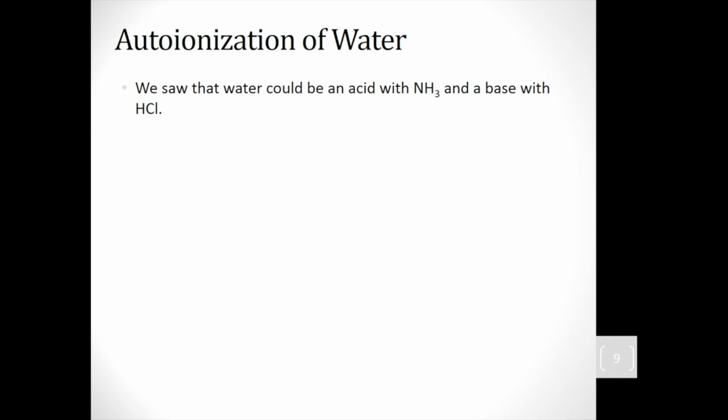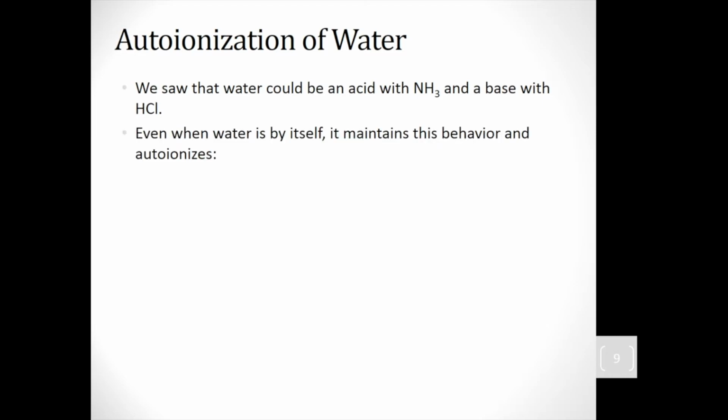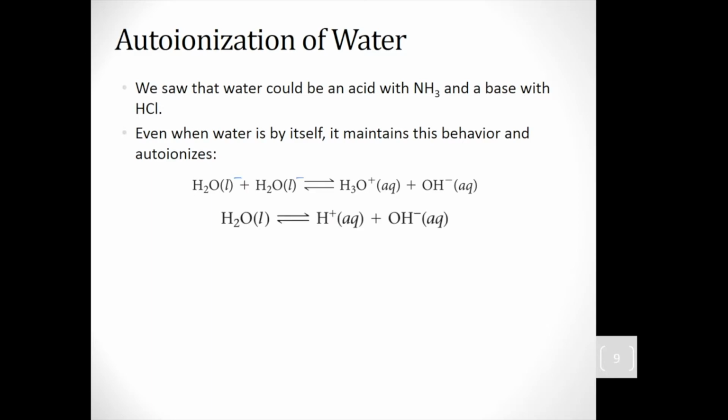We call it Kw because it's an equilibrium constant. The W stands for the autoionization of water, and this expression is concentration of H3O plus times concentration of OH minus. And it's a constant, right? It's an equilibrium constant, and we know the values of it.